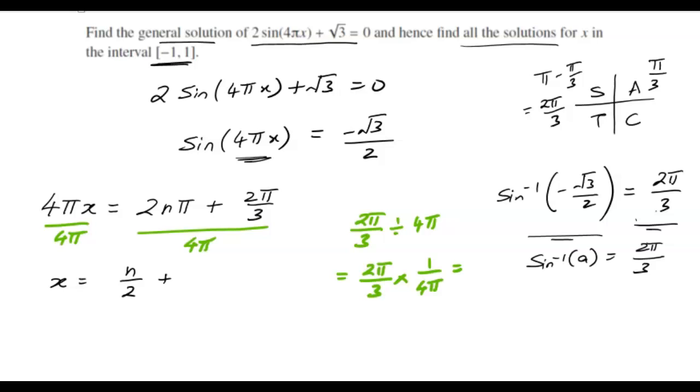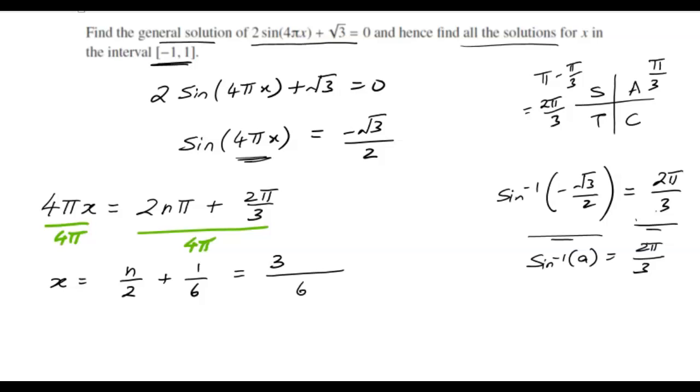The pi's are going to cancel, and it simplifies to 1 over 6. So we can now make it into one single fraction with a common denominator of 6. So x is equal to 3n plus 1 over 6, and that gives us the very first general solution to this particular question.